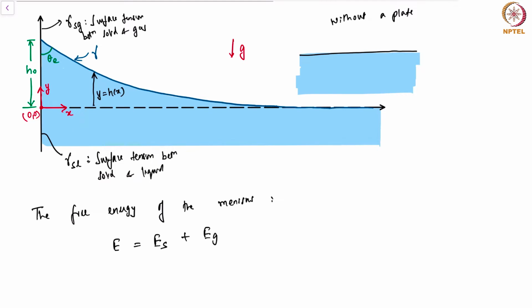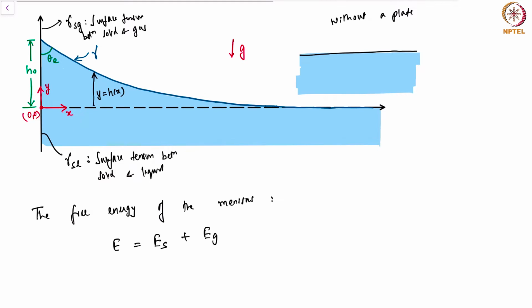But now, because of the presence of the plate, the fluid has risen to a height of h naught. The part of the solid that is now inside the liquid was previously exposed to the gas.